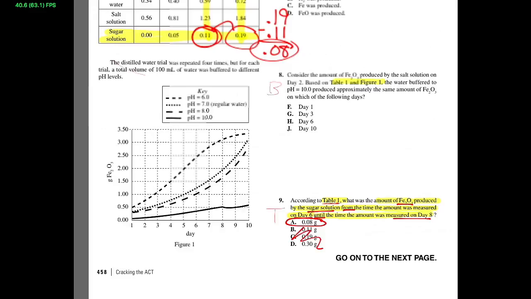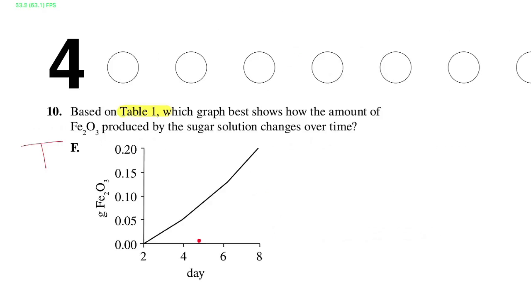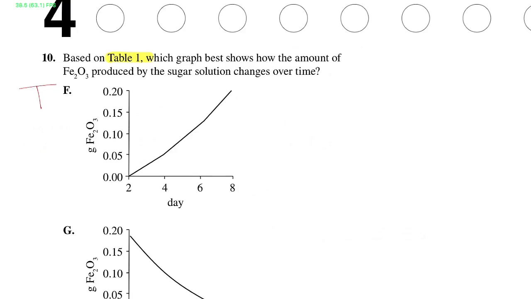Okay, and let's see. Oh, this one also has to do with table 1. So I'm going to answer this table 1 question, and then I'll deal with both. Okay, so now it says, based on table 1, which graph best shows how the amount of rust produced by a sugar solution changes over time?